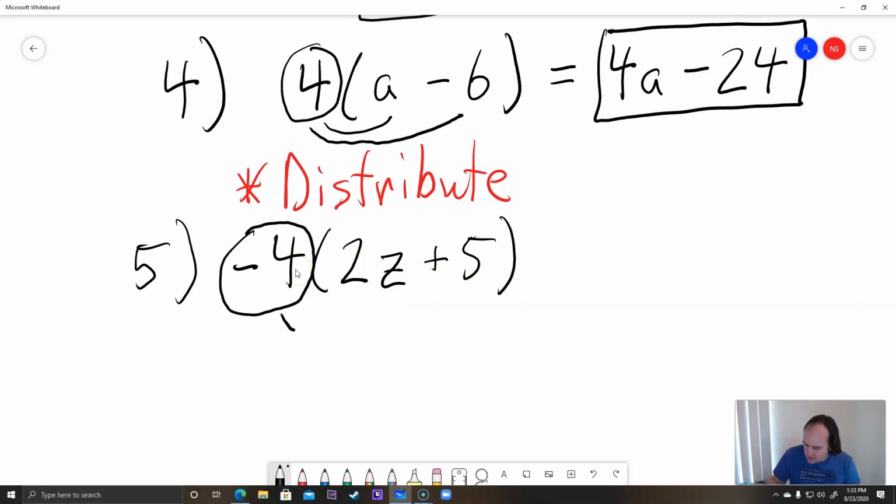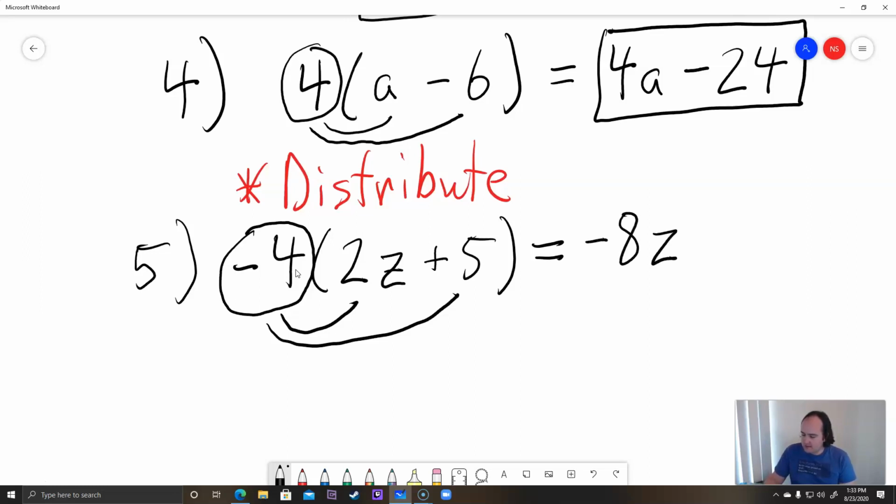Okay, so we distribute the negative 4 to the first term and the second term. Well, for the first term, negative 4 times 2 is negative 8z. And then for the second term, negative 4 times 5 is negative 20.